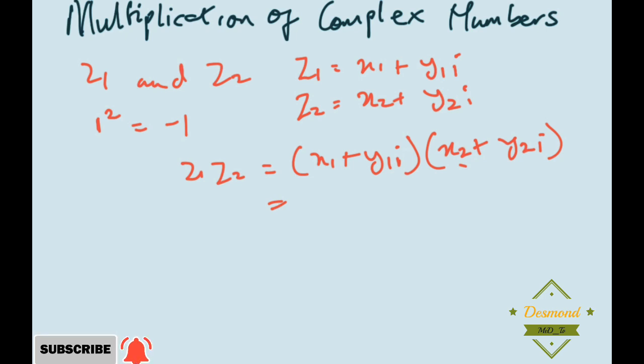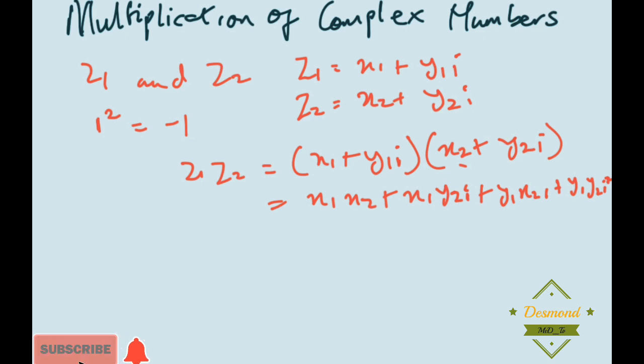So let's expand it. Expanding it, we are going to get x1 x2 plus x1 y2 i plus y1 x2 i plus y1 y2 i squared.